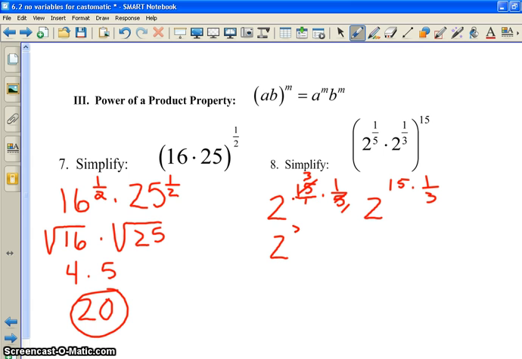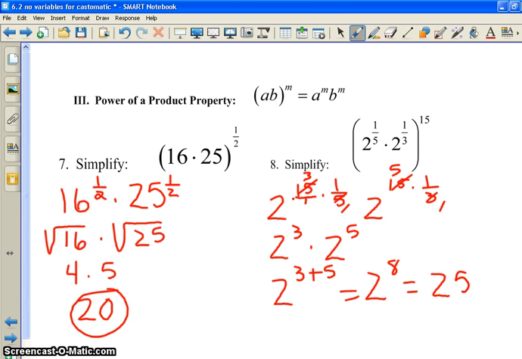We would get 2 to the 3rd, same thing here, times 2 to the 5th, and then 2 to the 3 plus 5, because we have the same bases. So we'd get 2 to the 8th, and if you take your calculator and simplify that, you would get 256.